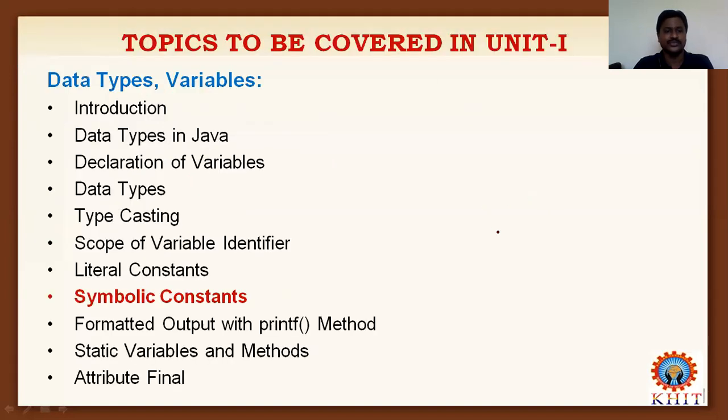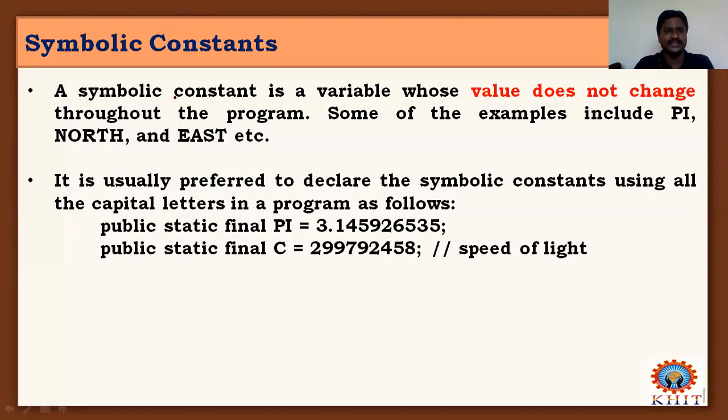And coming to symbolic constants, a symbolic constant is a variable whose value does not change throughout the program. Once a value is assigned to it, it doesn't change. Examples are pi and similar values we can use.